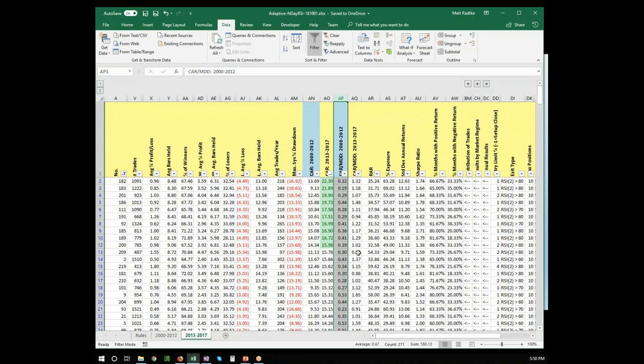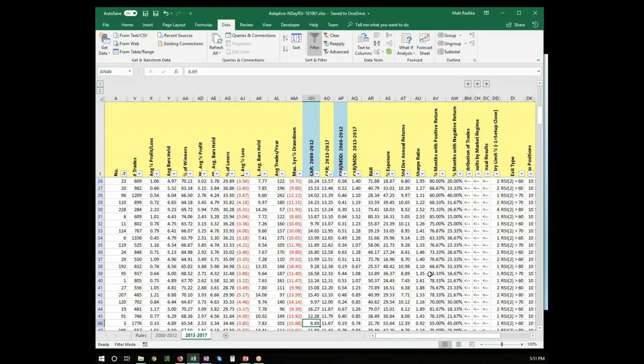So if we take these results from 2013 through 2017, and we look at all the variations that had the best compound annual return, you'll see that there are no green cells from the 2000 through 2012 results. There are about 270 variations of this strategy. If we start scrolling down, the first time we find something that was in the top 10 in the 2000 through 2012 date range is down here on row 48.